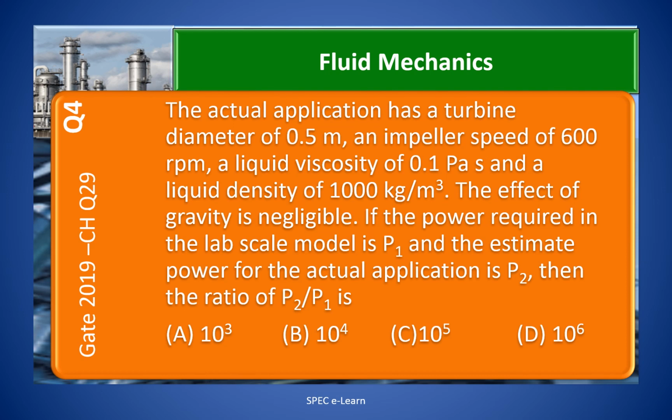If the power required in the lab scale model is P1 and they estimate the power for the actual application is P2, then the ratio of P2 by P1 is option A 10 to the power 3, option B 10 to the power 4, option C 10 to the power 5, option D 10 to the power 6.